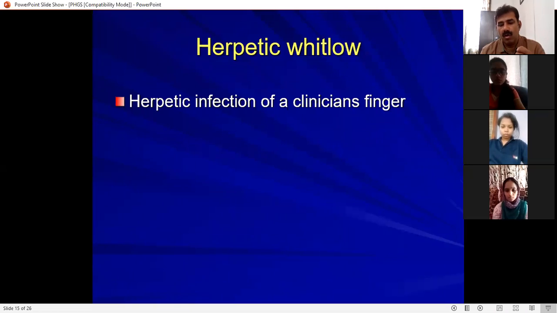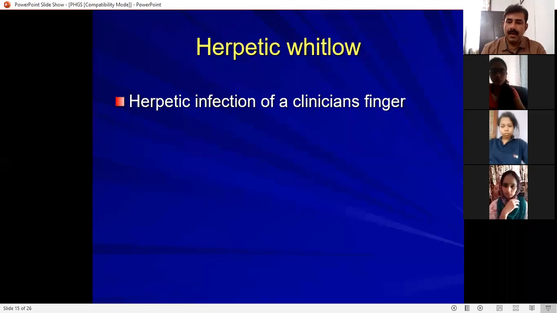Right? So you have to know which is the virus that is causing it, what are the clinical features associated with it, what are the extraoral features that you may find, what is the differential diagnosis, how to diagnose this condition, and then how to manage this condition. So that is what you have to know about acute herpetic gingivitis.